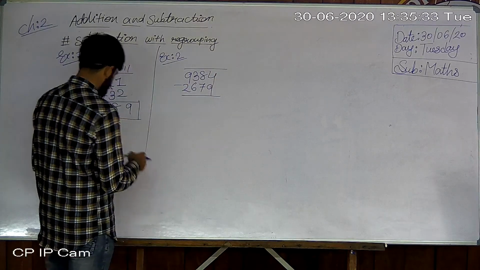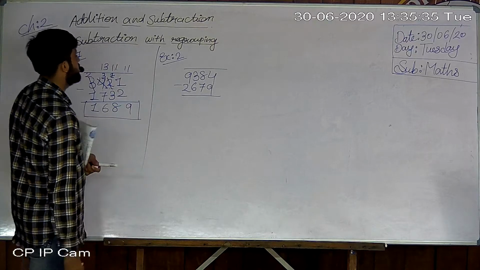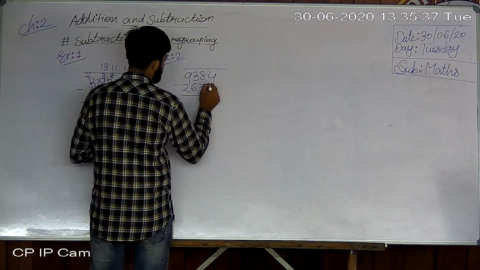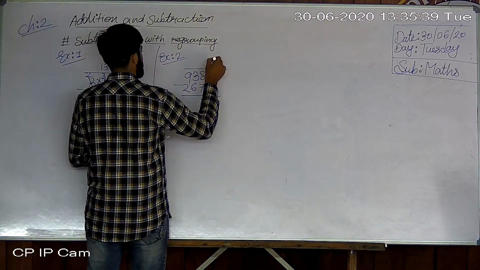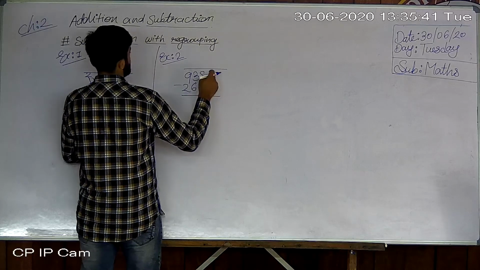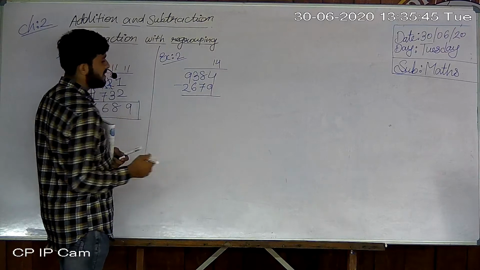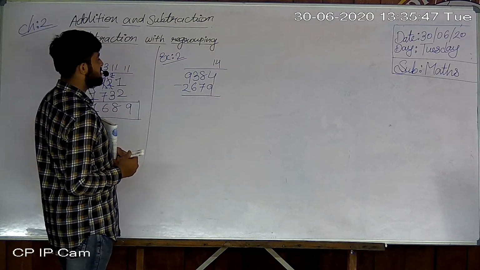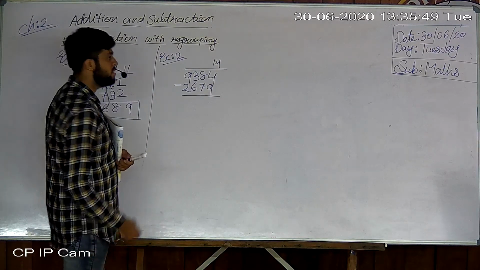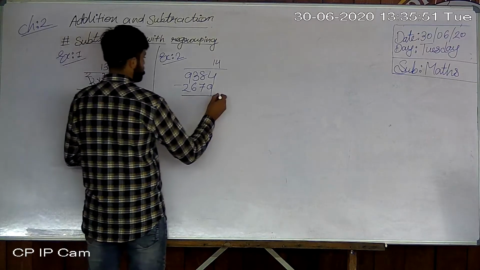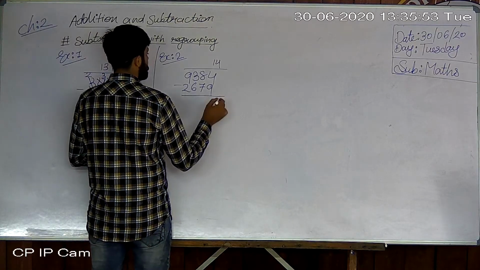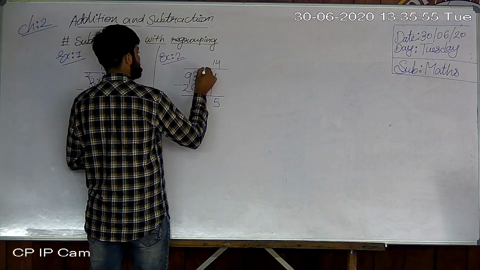Okay students, 4 minus 9, is it possible? No, that's why we take the borrow. So 10 plus 4 is 14. 14 minus 9, so how many? 5 is left, and then the next digit is 7.